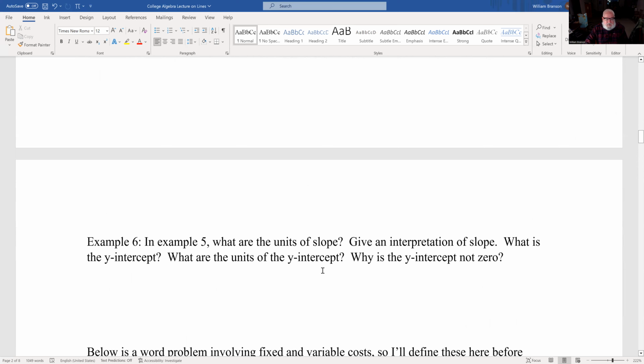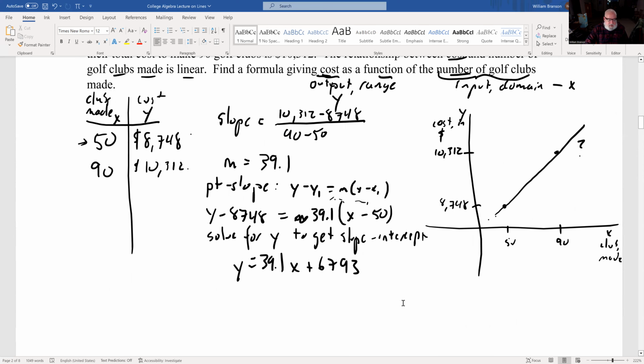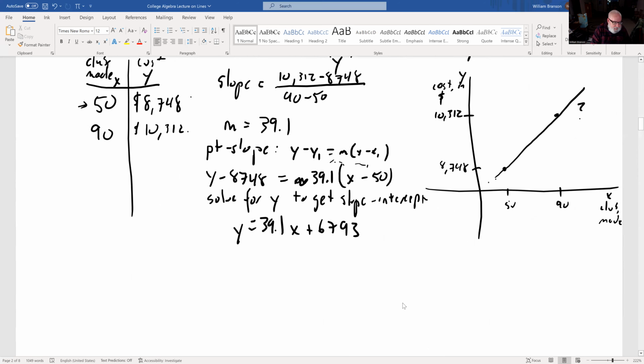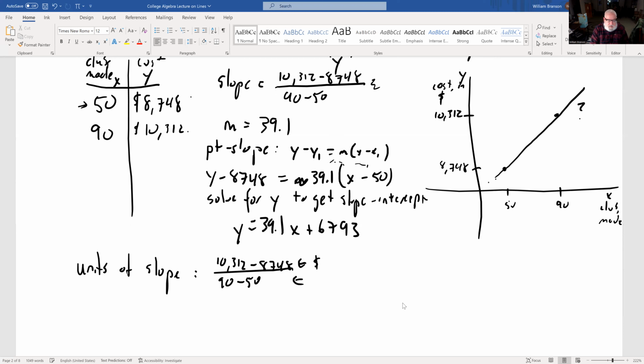So what are the units of slope? We'll answer that question here. Well, the slope is 10,312 minus 8,748 over 90 minus 50, because that's what this is. These units are all in dollars. These units are in clubs made.